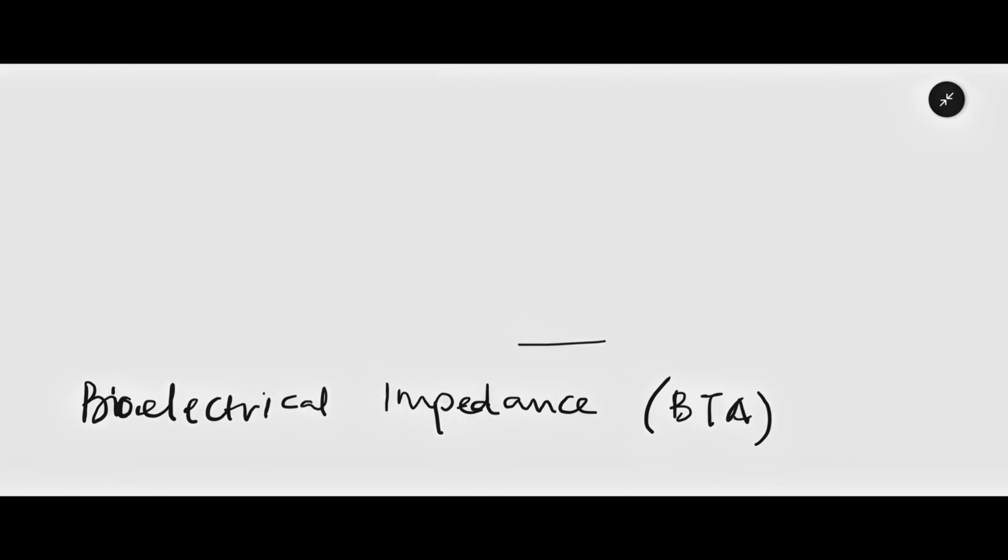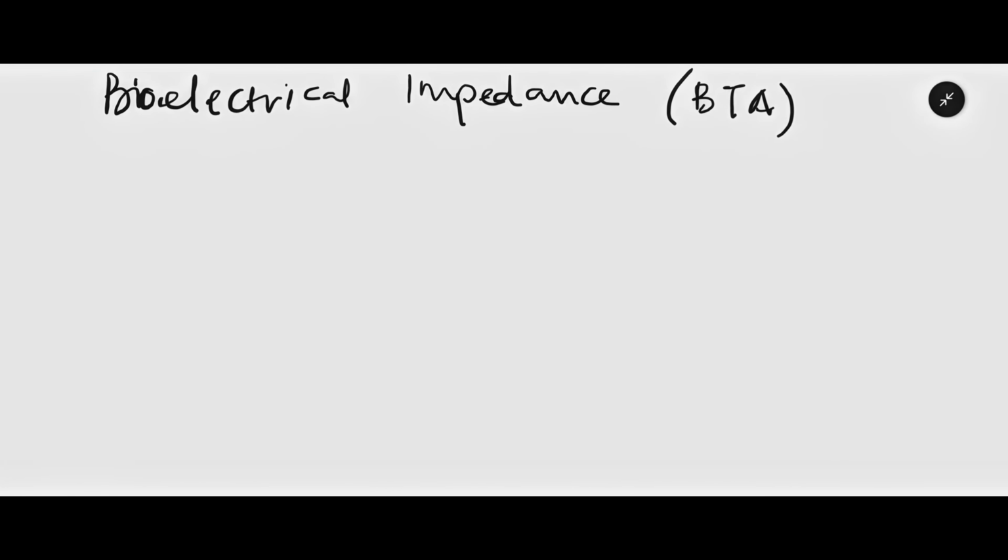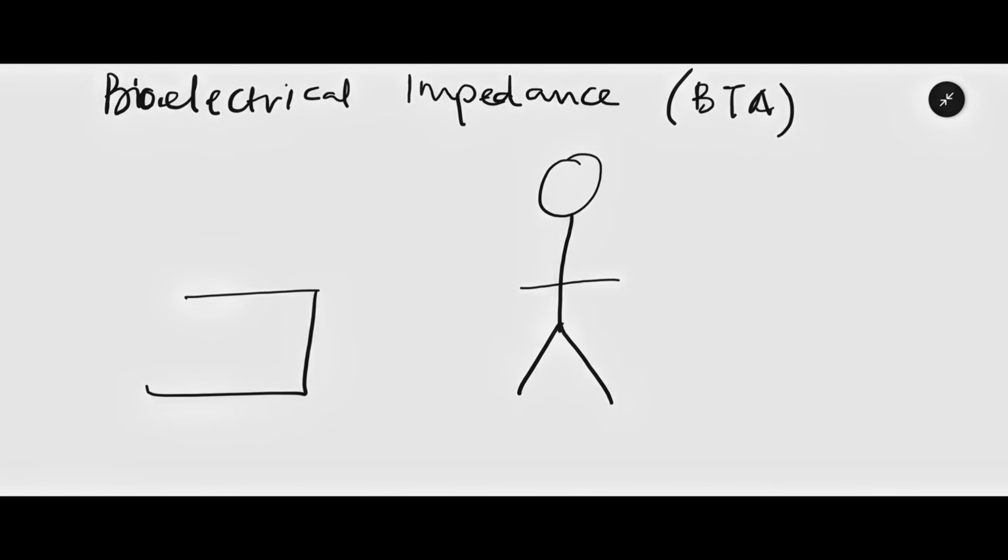For our next body composition test, we have BIA, or bioelectric impedance. So here's how this test works. You have your person here, connected to the bioelectric impedance device. Let's call it BIA device. You don't have to know the actual name, but it gets connected to a device. And this is the person's arm.